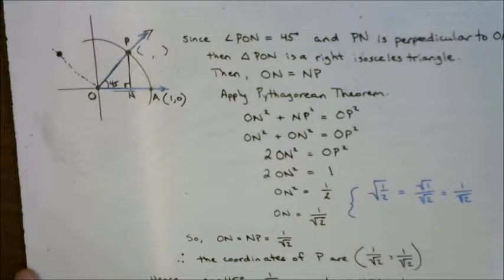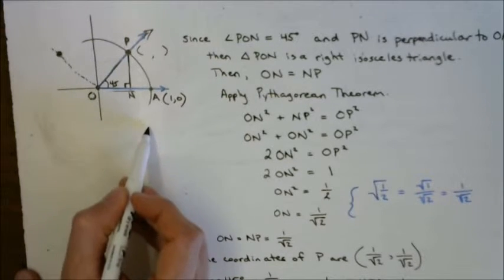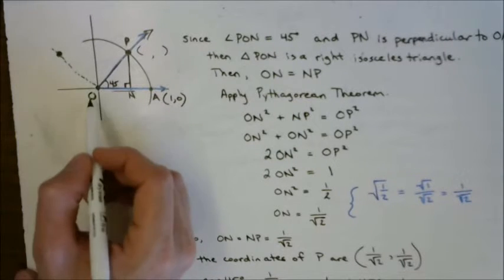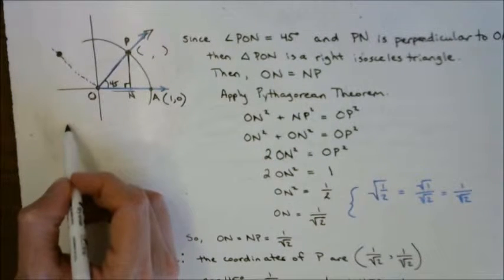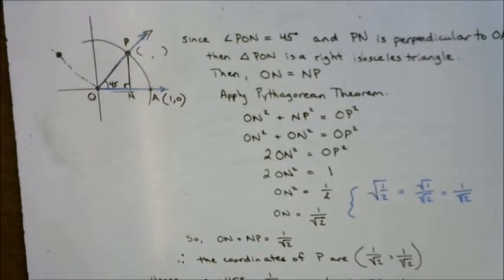This will be negative 1. Down here, x will be positive and y will be negative, so tangent will be negative 1. Over here, x is negative and y is negative, so what's your tangent? Positive 1. Okay? We're making connections.